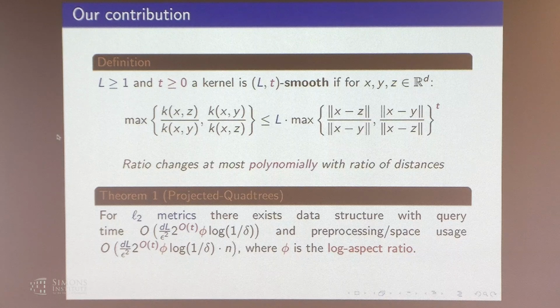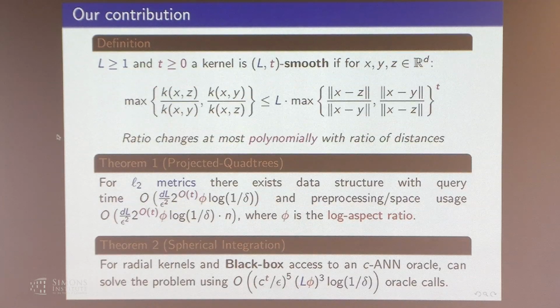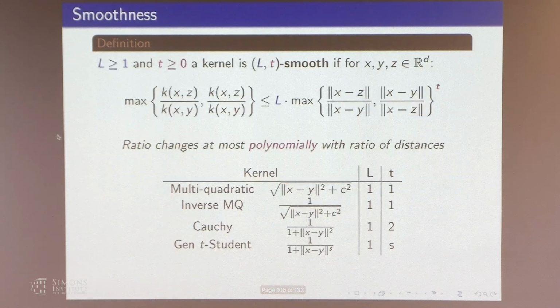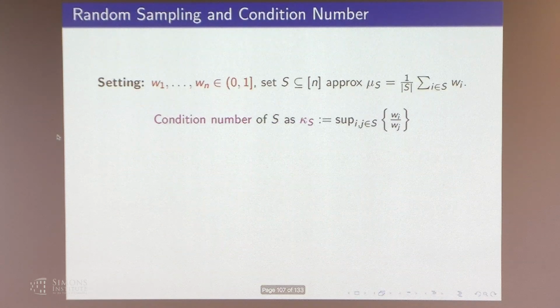So if you know that your kernel is smooth, then you can get a better result. How does this work? I'll tell you the main idea, but it'll be hard to express much more in 5 minutes.